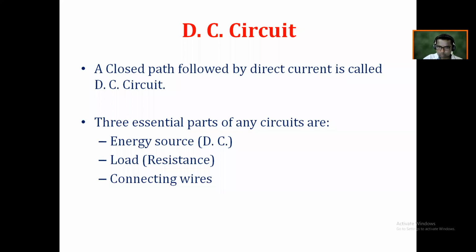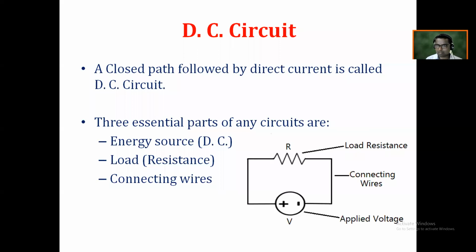So if you see the simple structure of the DC circuit, this is the resistor, these are the two terminals of the resistor, and this is the external energy source, and we have to connect it through the connecting wires. This DC energy source has particular fixed terminals, which we call the positive terminal and the negative terminal. In this way, the circuit becomes closed.